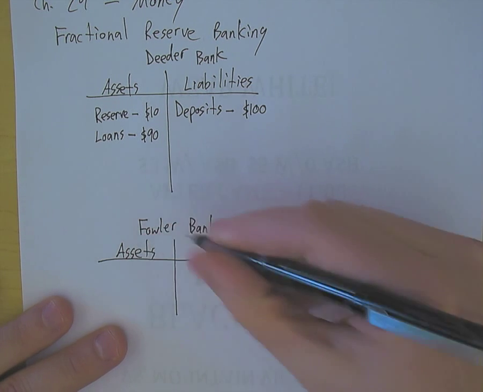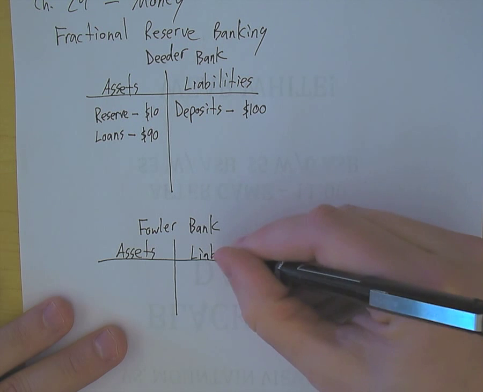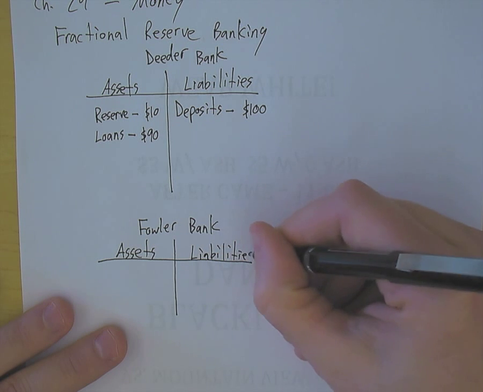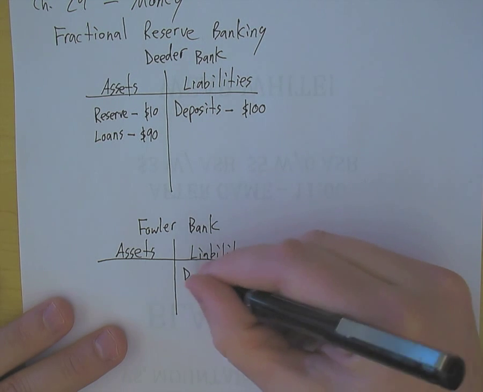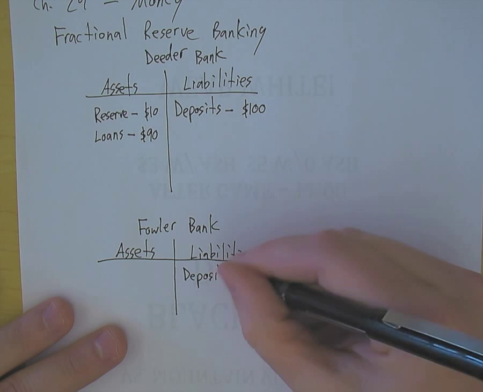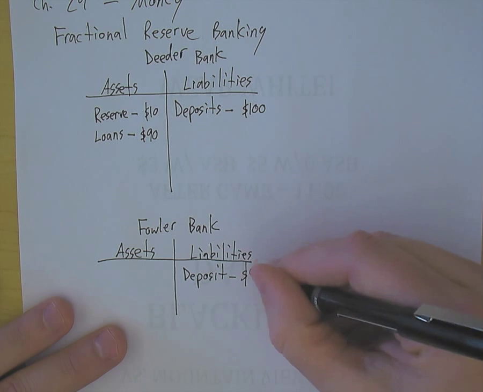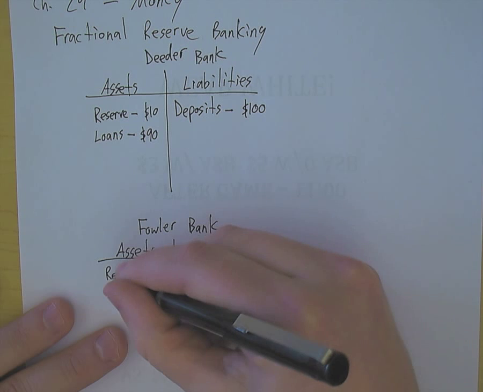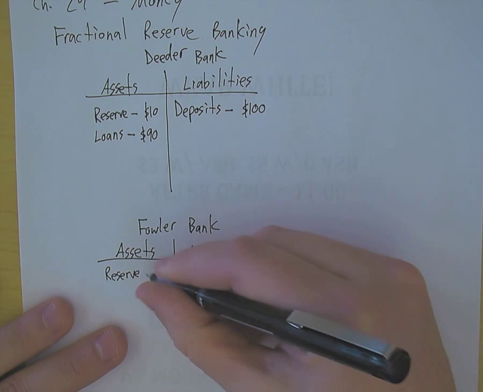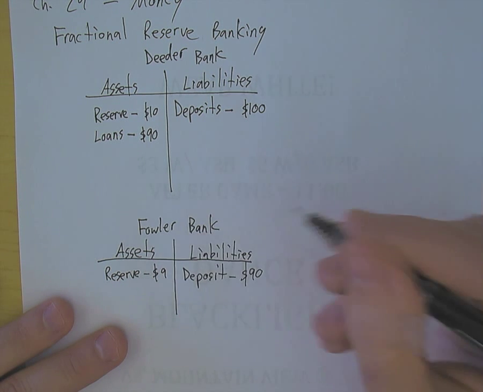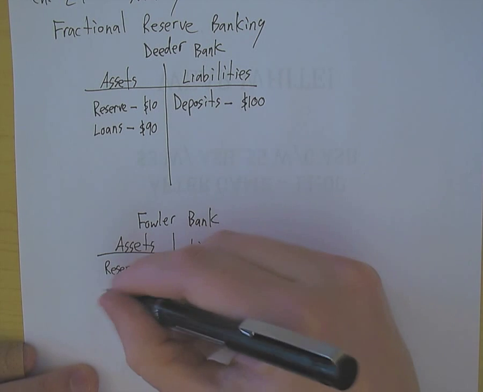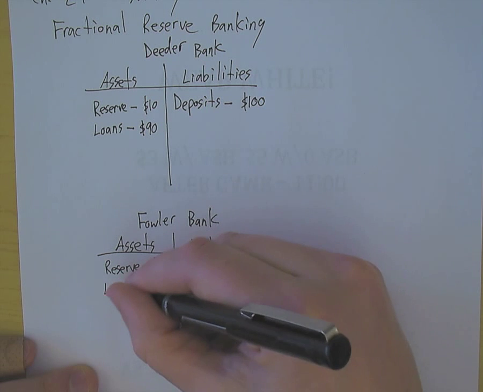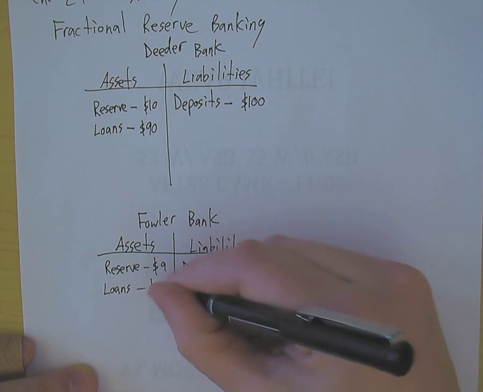We have assets, we have liabilities. Now, the deposit into the Fowler Bank was $90. So to keep that in reserve, we have $9. 10% of that is $9, which means with regards to loans, they can lend out $81.